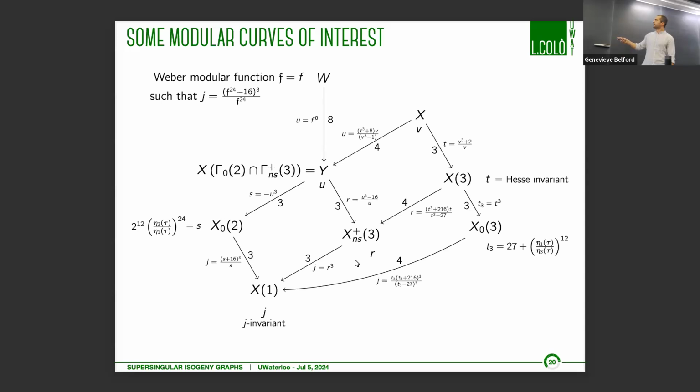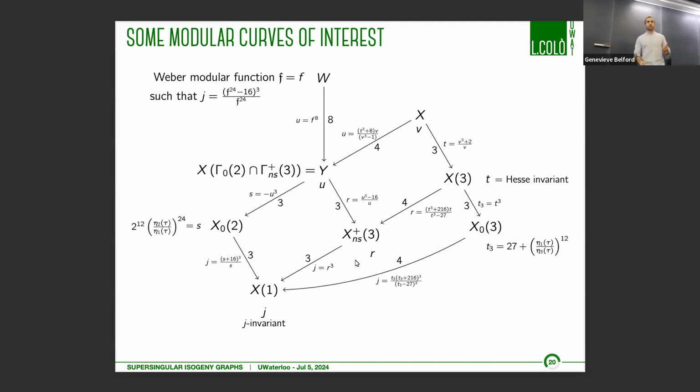And above Y lives what we decided to call the Weber modular curve, which in fact has a function field generated by one of the three Weber modular functions. And one of the reasons why we were very interested in this modular curve is that it's still genus 0, which means that we have to deal with just one parameter, but it has degree 72 over X1.